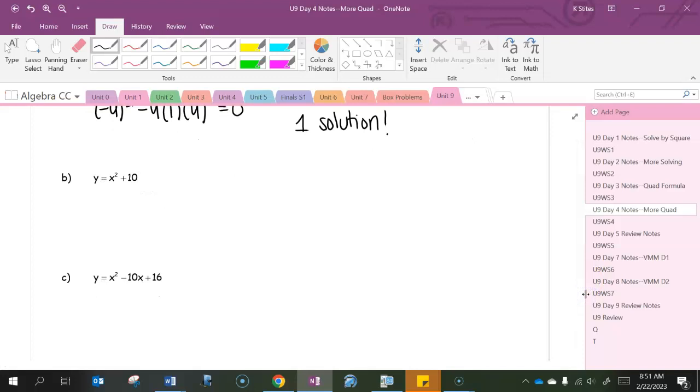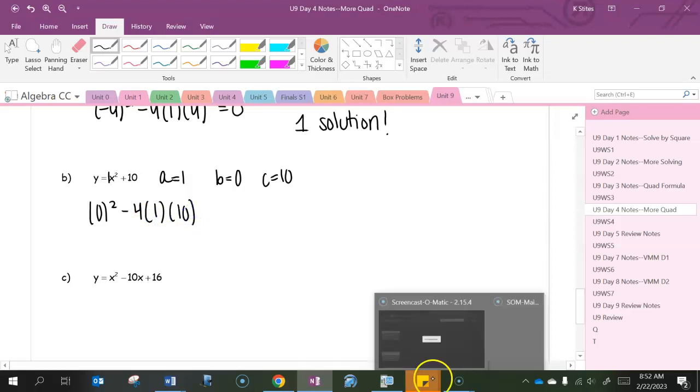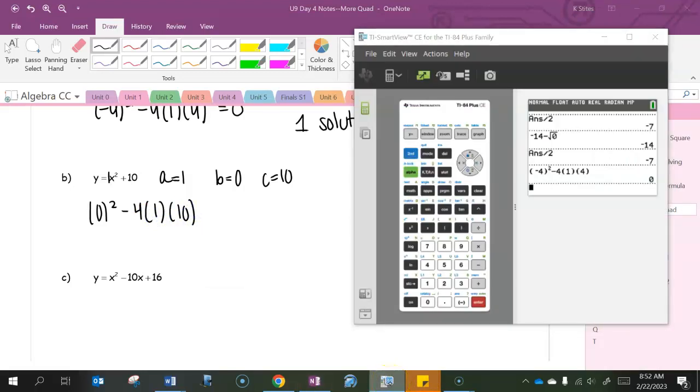All right, now this one's a little different. Notice there isn't an x value here. This means our B value is going to be, A is 1, B is going to be 0, and C is 10. So I have 0 squared minus 4AC. And 0 squared is just going to be 0.